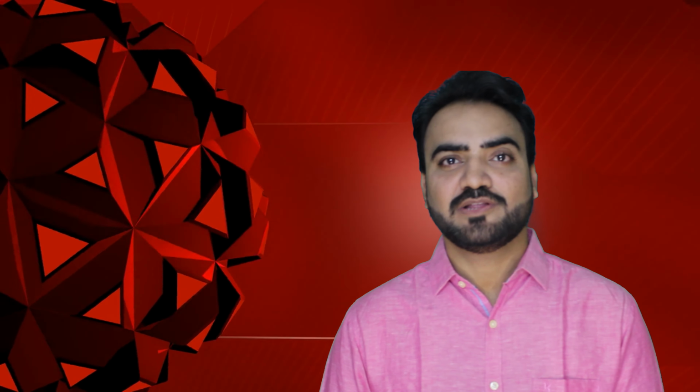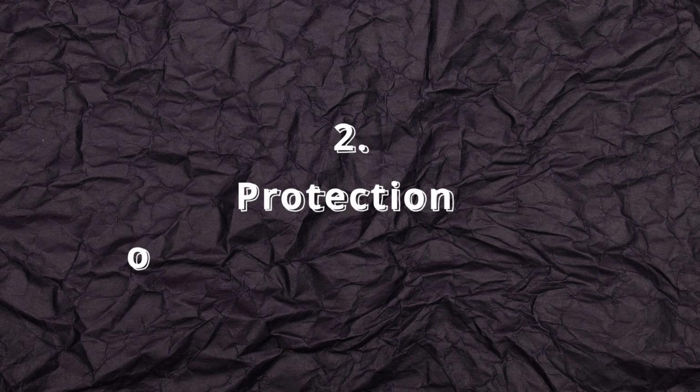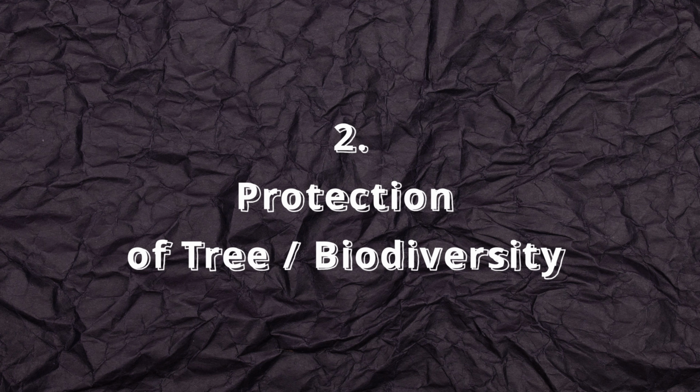The next best sustainable practice, or opportunity, in construction is protection of existing trees, which is a biodiversity initiative. The existing trees available on the construction site should be preserved, and if they can be protected from removal from the ground, they must be protected.